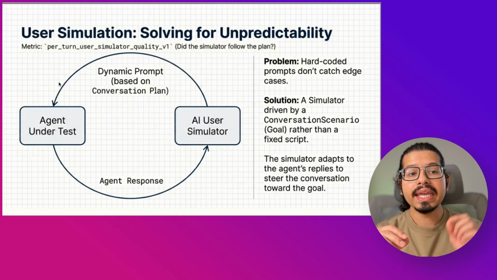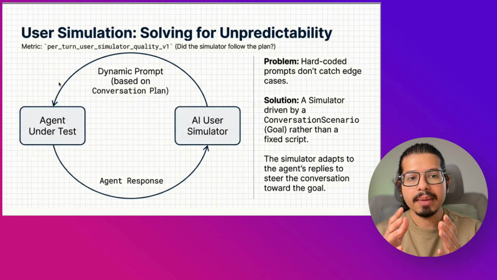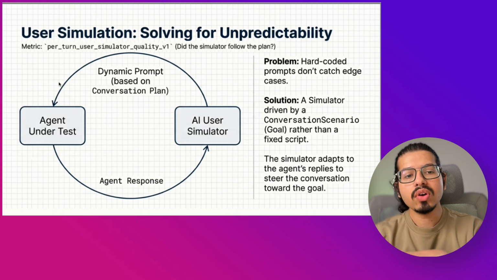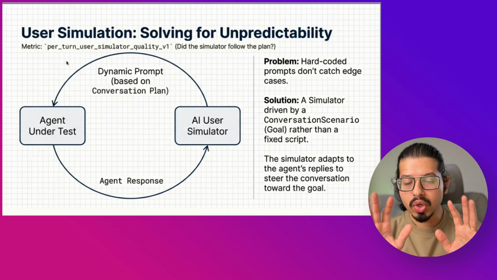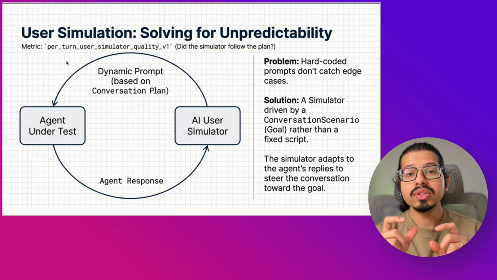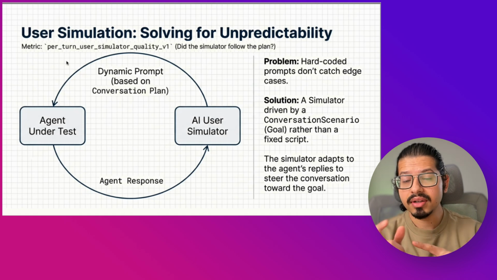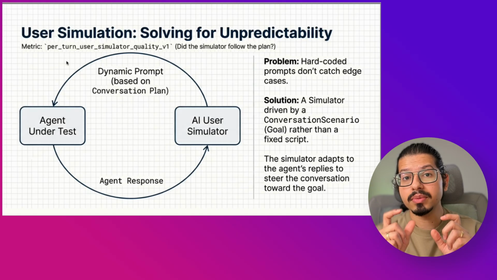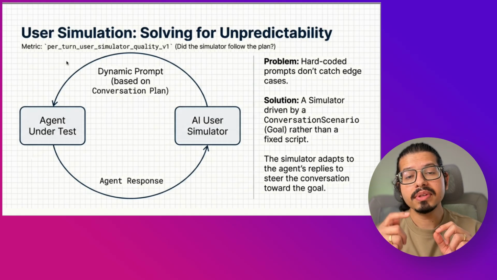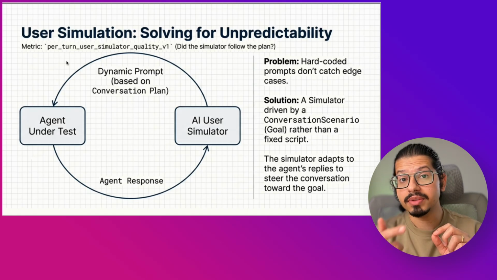So an AI-driven simulator adapts to the agent's responses and then steers the conversation towards the goal that we have defined. An important point to note is that here we are not actually evaluating the agent, but we're actually evaluating the simulator, the AI simulator, which is responsible for generating the dynamic user prompts.